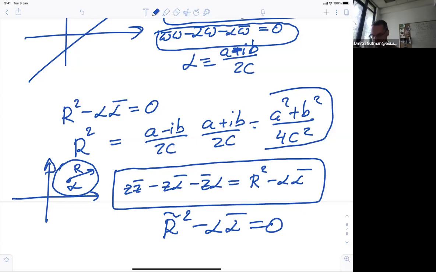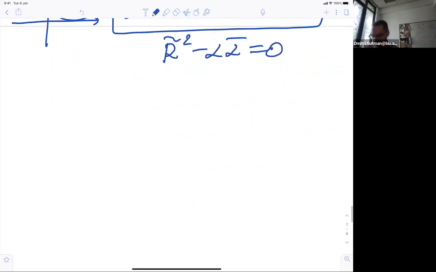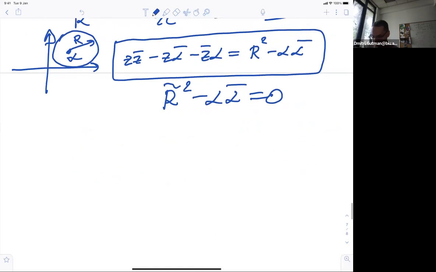If the line passes through the origin, let's study this case precisely. We didn't do it yet, right?